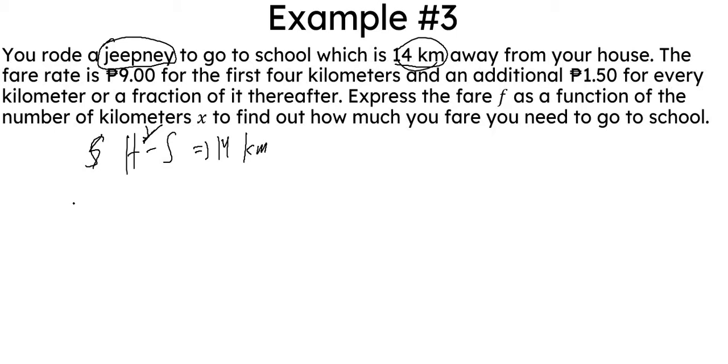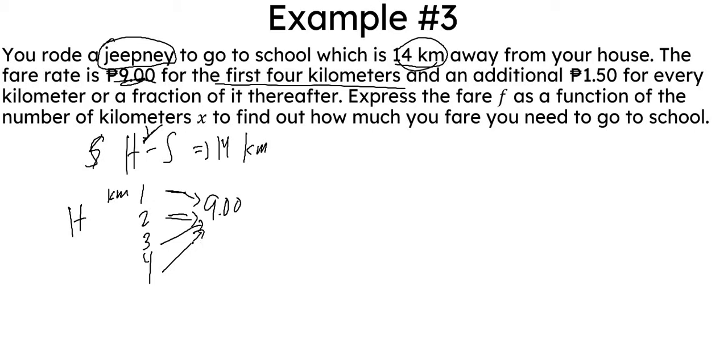Now, from your house, the fare rate is 9 for the first 4 kilometers. So for kilometers 1, 2, 3, and 4, all of them are the same, 9 pesos. So kilometer 1, let's draw an arrow there, 2, 3, 4.